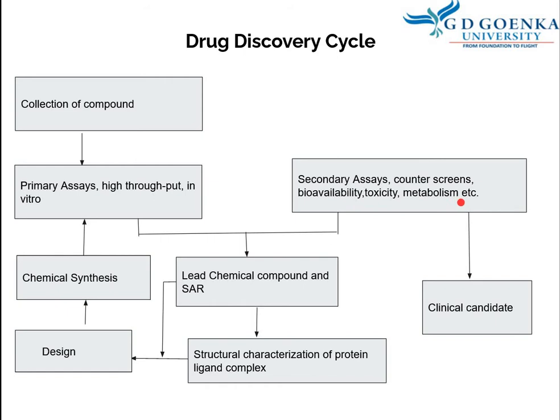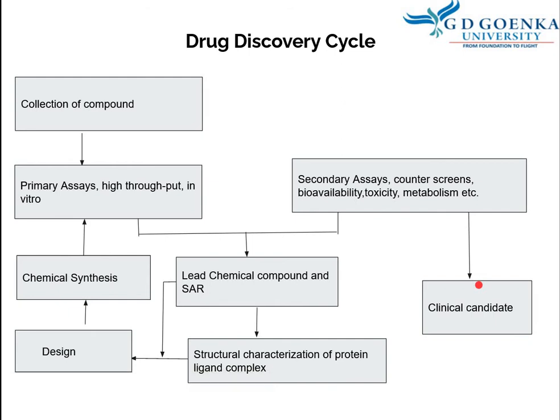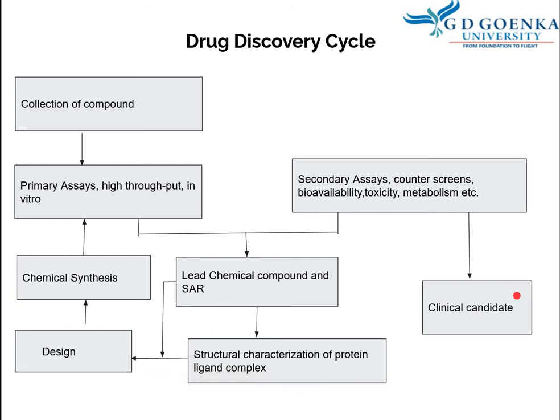The successful candidate is then applied for an IND, that is, an investigational new drug application is submitted to a drug regulatory body in order to move to the next stage of clinical trials. Upon successful completion of phase 1, the molecule moves to phase 2.